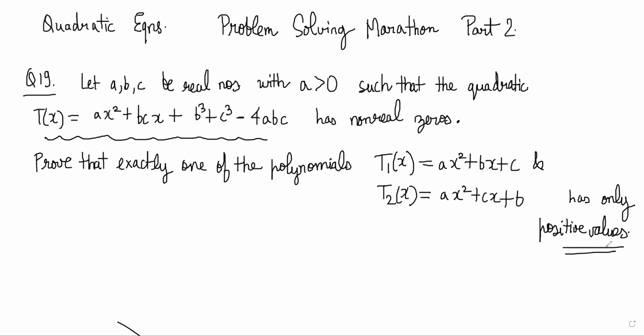Basically, given that t of x has non-real roots, we have to prove that t1x and t2x have only positive value, just one of them.